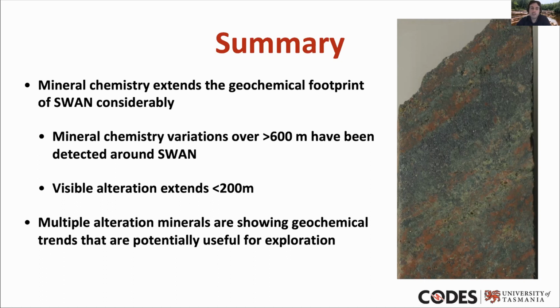There are these mafic intrusives sitting near the deposits, and I didn't spend too much time talking about it, but the timing of it needs to be redefined. I would not be surprised if, when we date it, it's a similar age to the mineralization. It sits right in between SWAN and Mount Elliott, and there's a little bit of mineralization in the mafic intrusion, not much, and it's not fully mineralized. So I wouldn't be surprised if it played a little bit of a role, but we need to do more work to be sure.